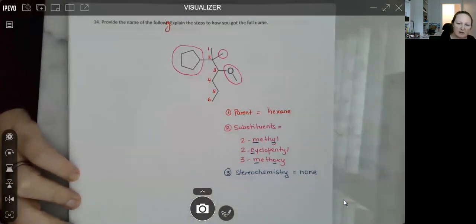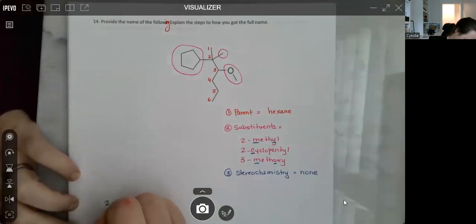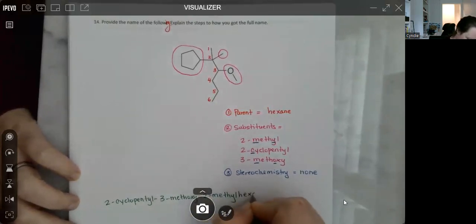Okay, so putting that all together, we have 2-cyclopentyl, 3-methoxy, 2-methyl, and then the parent hexane.